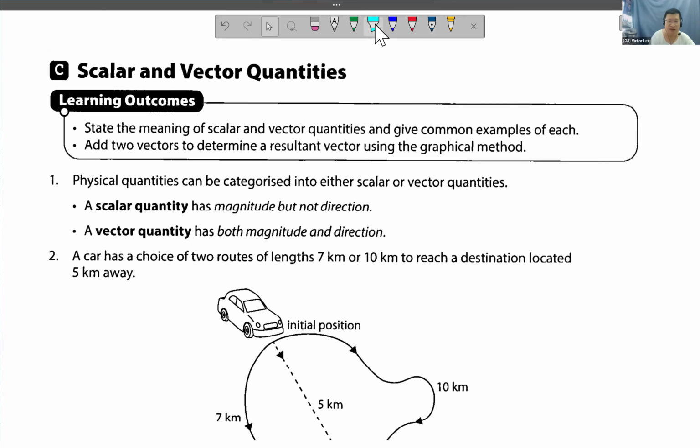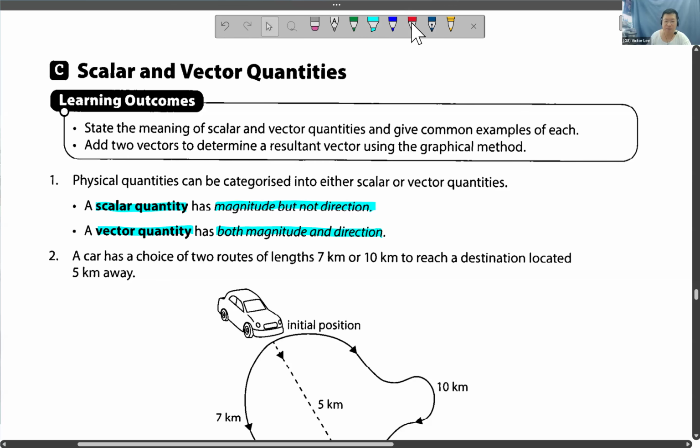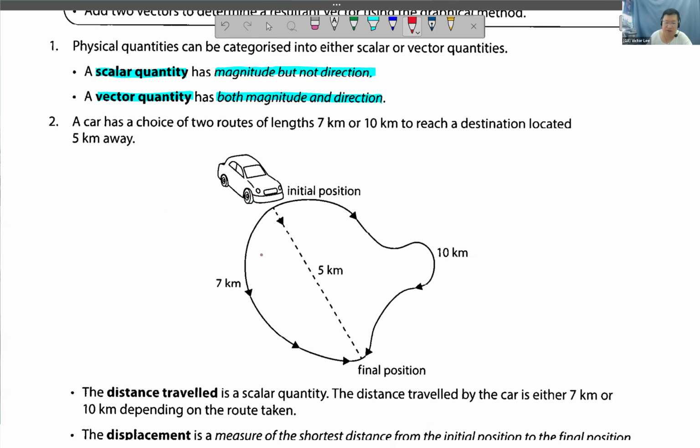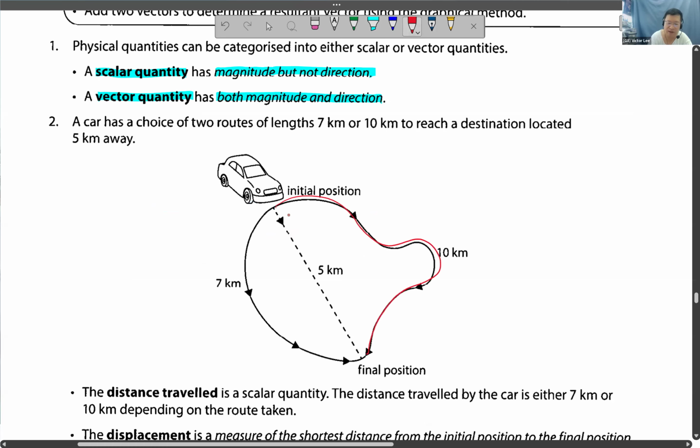So you must remember vector and scalar have very specific definitions. Scalar means has a magnitude but no direction. Vector has a direction and magnitude. So let me give you an example. The car can move like this, right? Move from here, travel here, or like this.